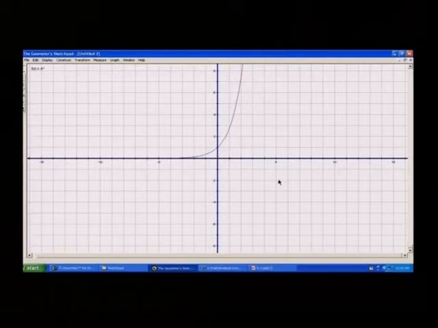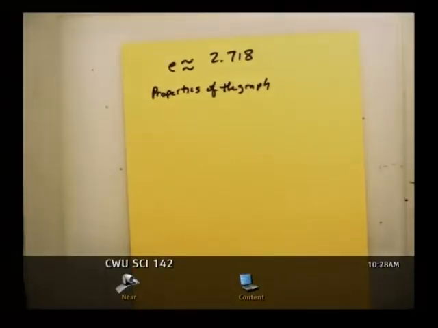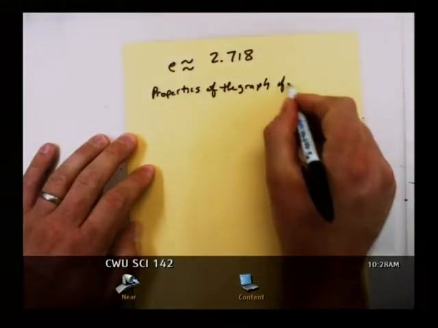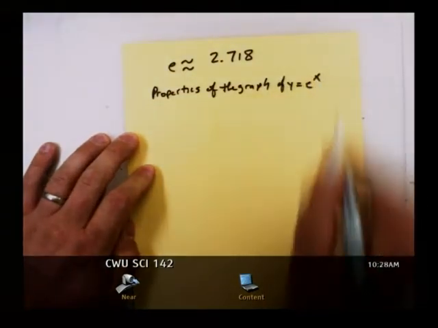Let's write those on the doc cam real quick, get those in your notes. If we could switch to the doc cam real quick here on campus. There we go. Properties of the graph of y equals e to the x.